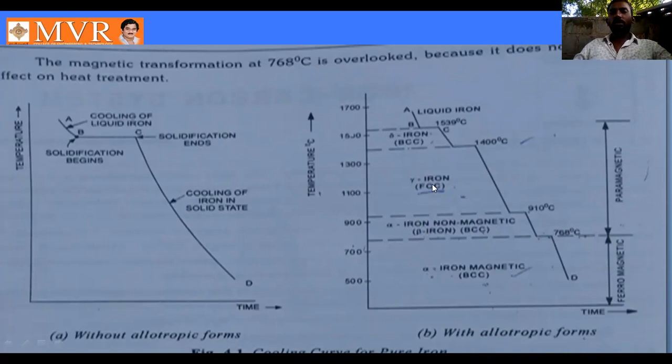From 1400 to 1539 degrees it is delta iron, and the structure is BCC. Above that it is liquid iron.